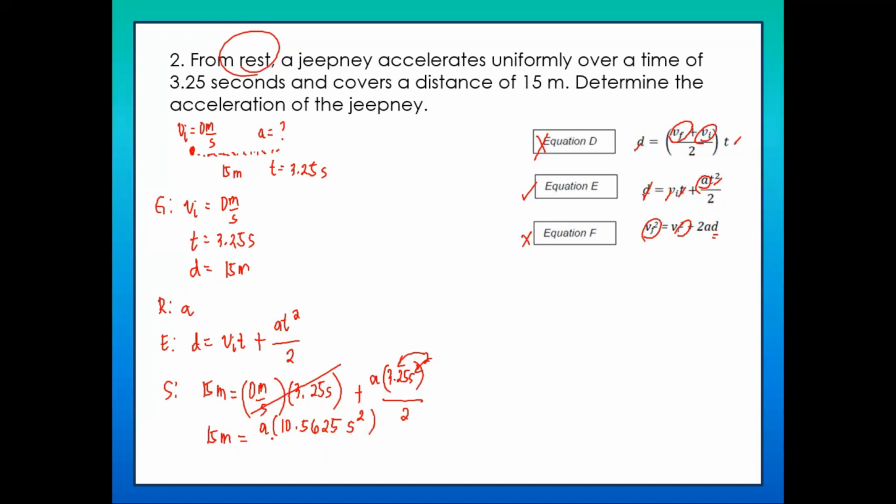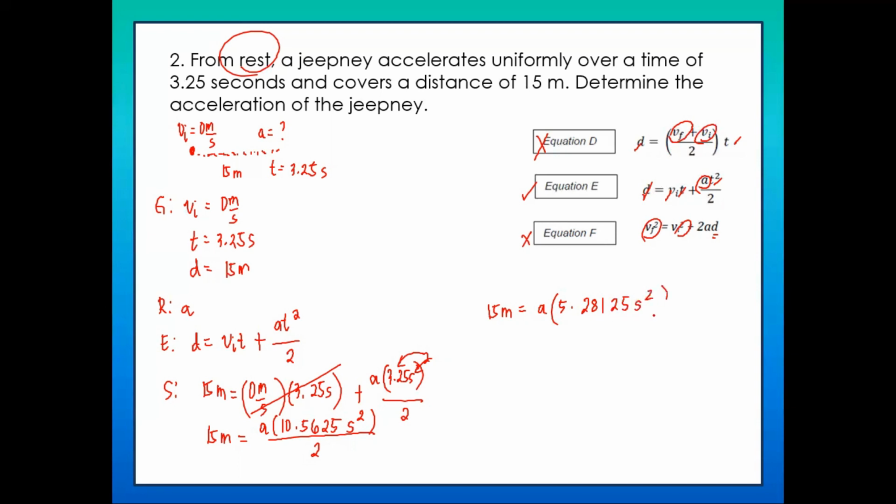So, divide by 2. So, divide natin to. Okay? That gives you 15 meters is equal to, so when we divide 10.5625 by 2, that gives you A is equal to A. Our answer here is 5.28125. Okay.